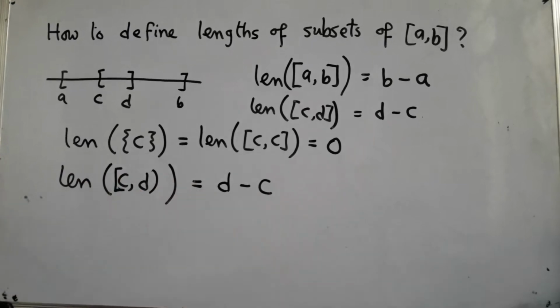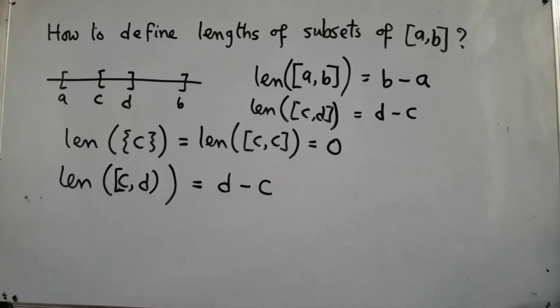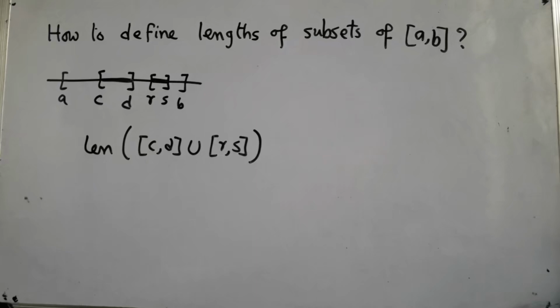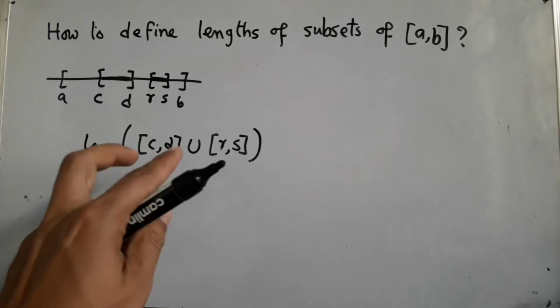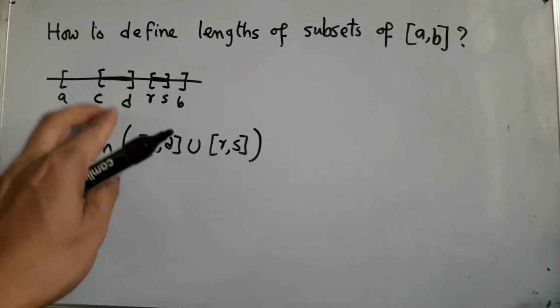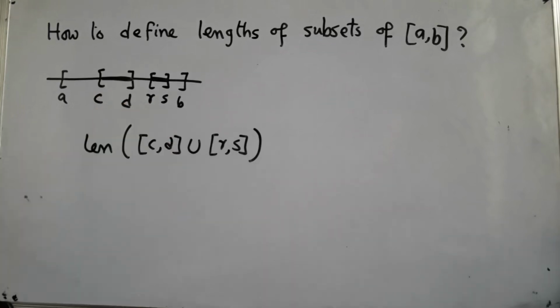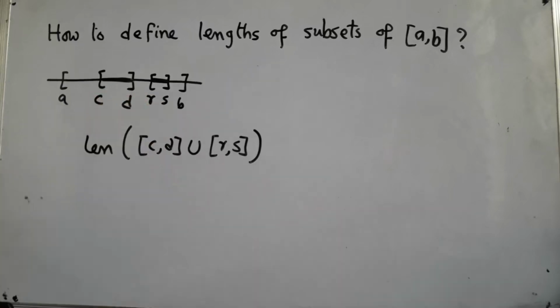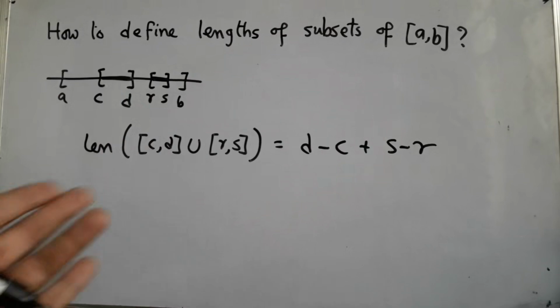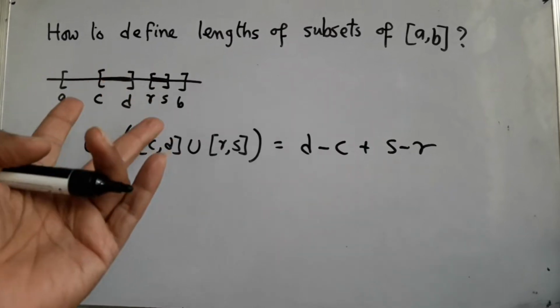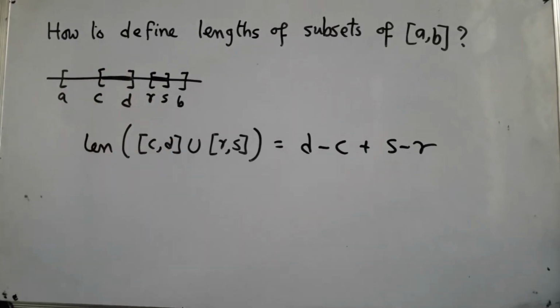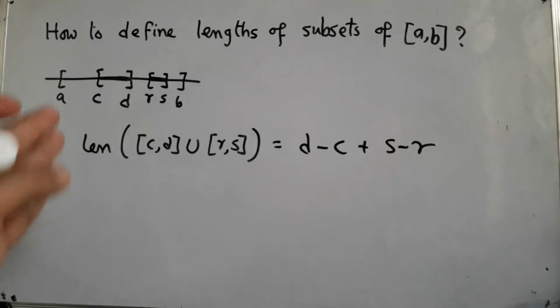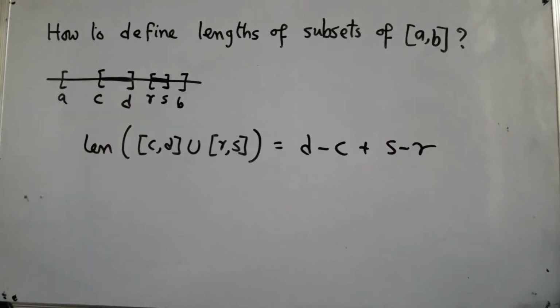But you will always have D minus C. Now suppose I am interested in the length of the union of two disjoint intervals. Isn't it very natural to say that it should be the length of this plus the length of this? And even if I take 3 or more intervals, as long as they are all disjoint, I should have the same result. In fact, I can do it for countably many intervals as well.